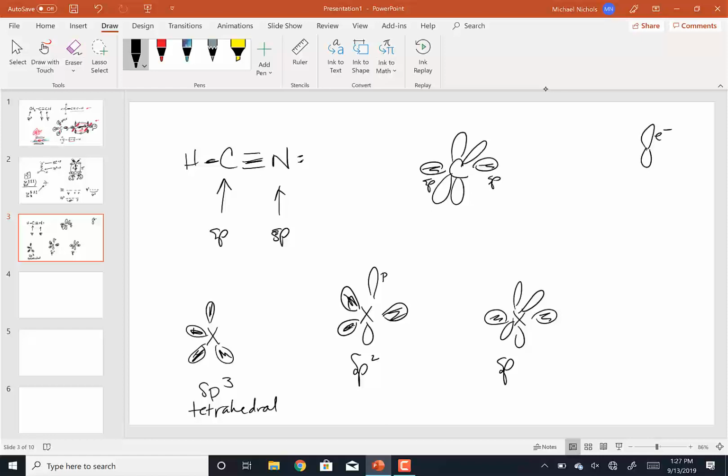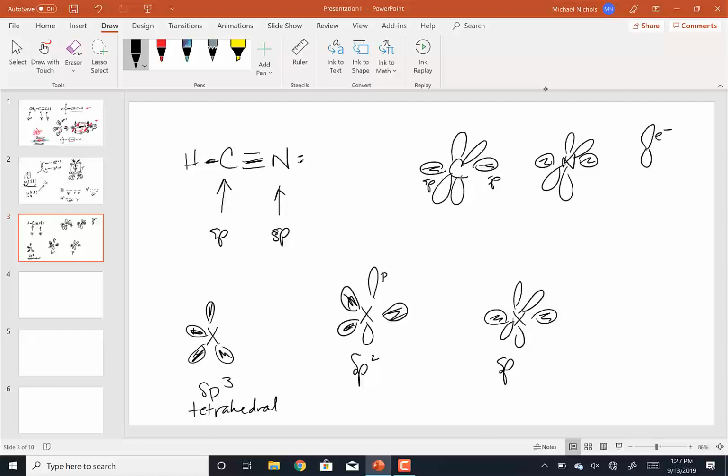So if I come to this sp hybridized carbon, it's going to look like that. If I look at the sp hybridized nitrogen, it's going to look like that. They're the same because they're sp hybridized.